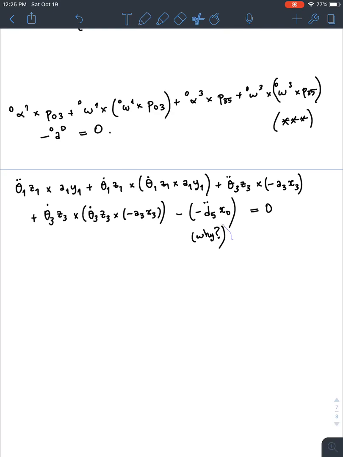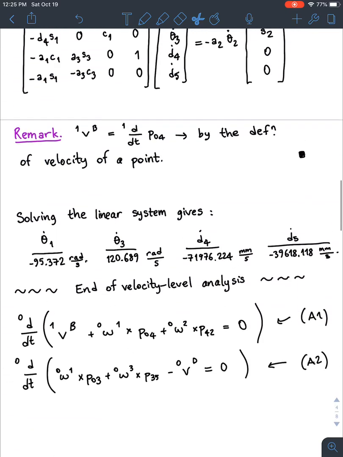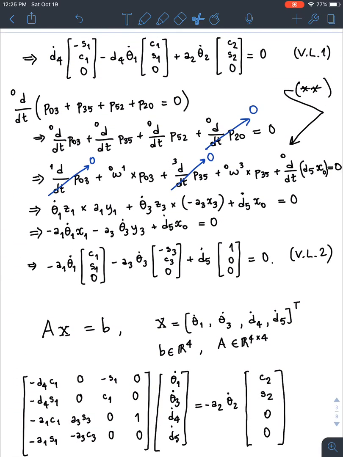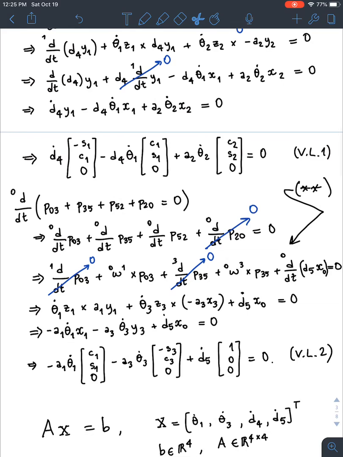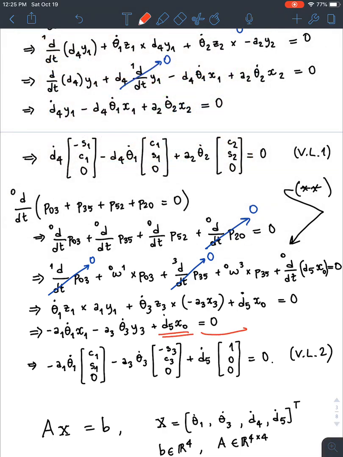To understand this, let's go back to our velocity level analysis, where we talked about, let's go back here, all the way here. This term right there was equal to negative of the velocity of the point D in the 0th frame. That's the negative of velocity of D in 0. Acceleration of D in 0 is the derivative of this term right there, right?